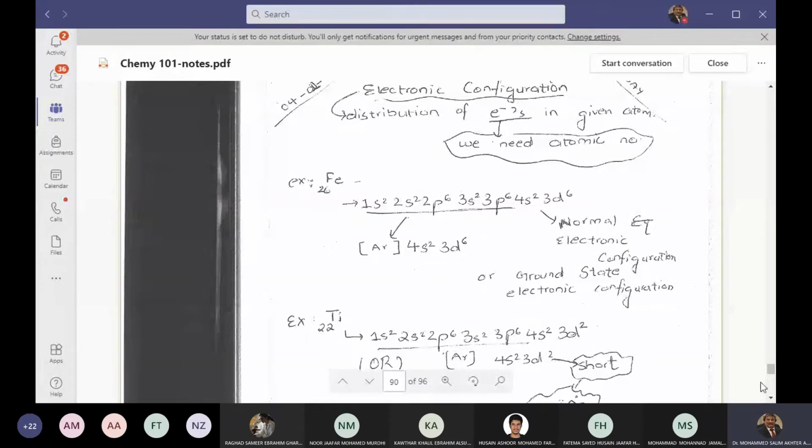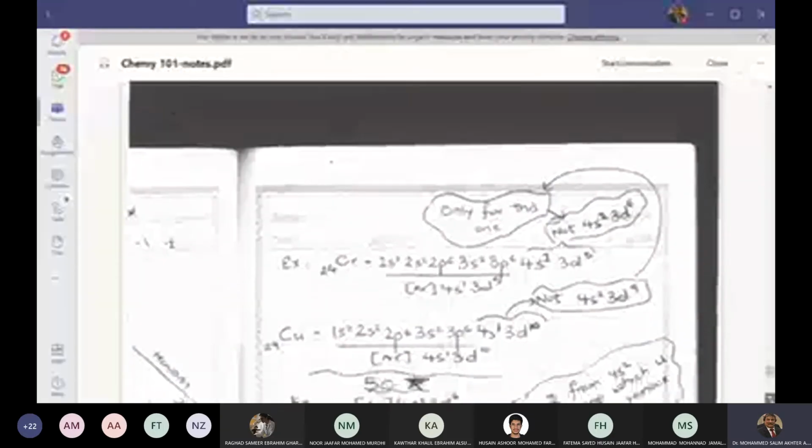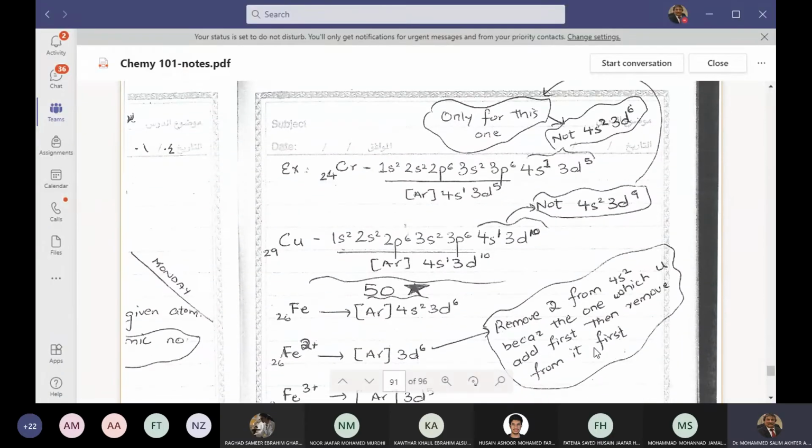Similarly, you can write down for titanium, and my friend, you can do a lot. Then I simply emphasize chromium and copper. I want you to be very careful when you are dealing with chromium and copper. As I told you, they are very special. They came from Jannah.